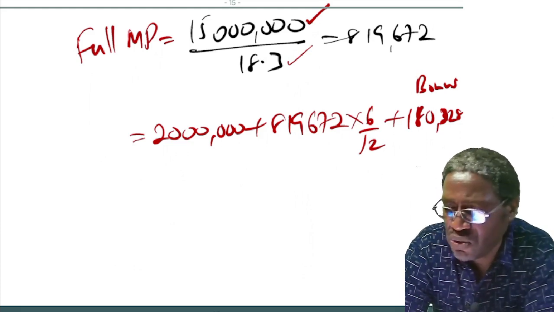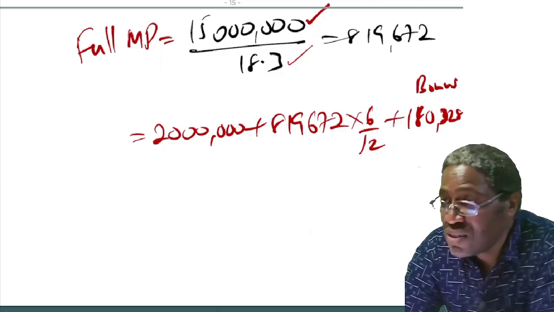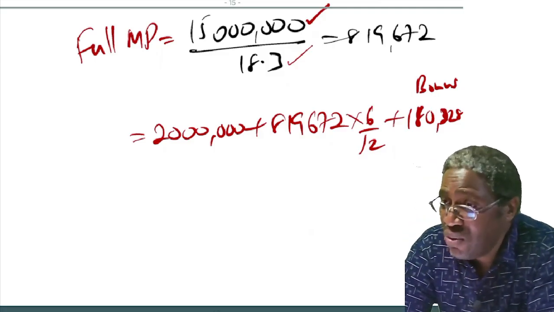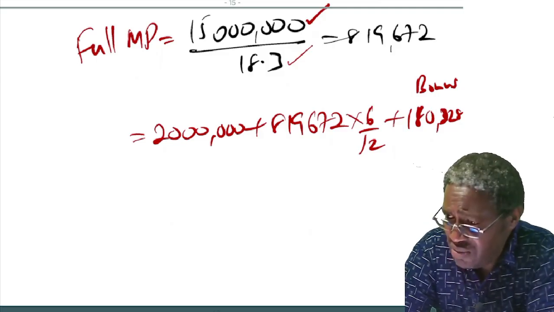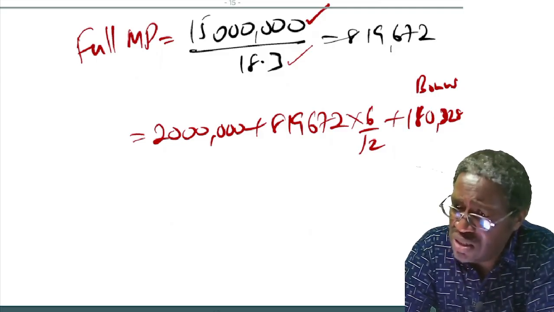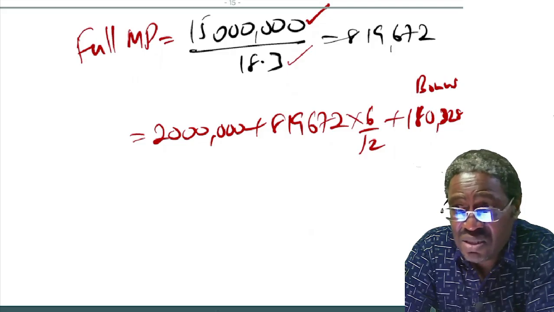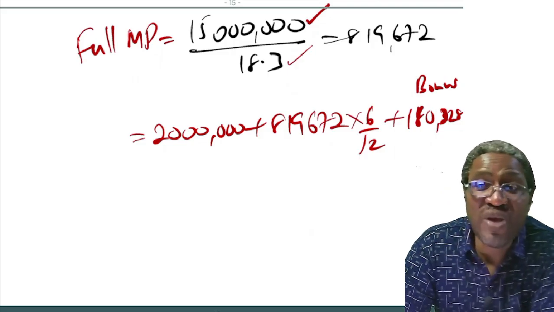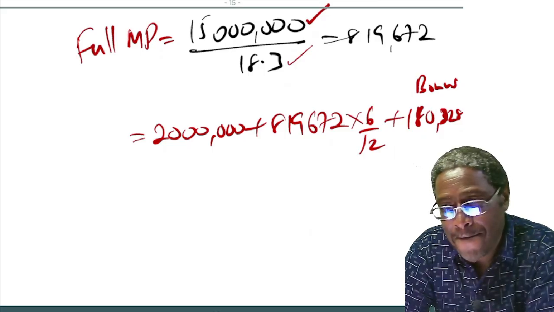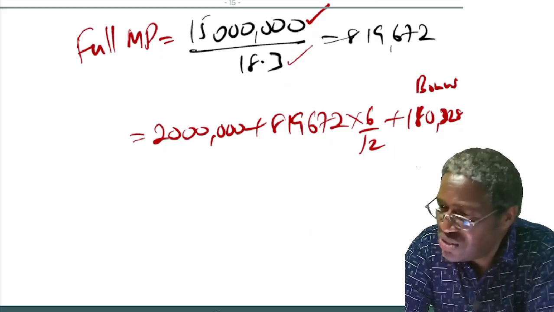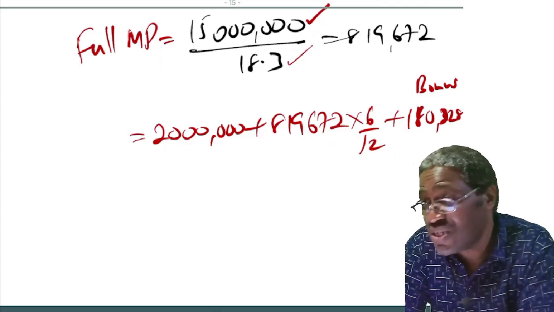Just like stock option, where there was a bonus element, even here, there's a bonus element. And we have already said, when there's a bonus element, the EPS of the previous year should be restated. So whenever the bonus is mentioned, you must remember to restate the EPS of last year.